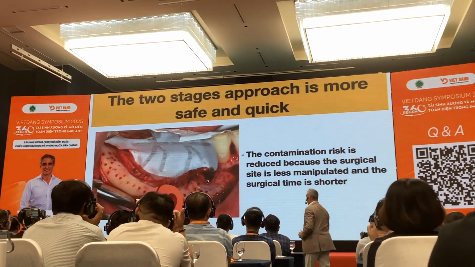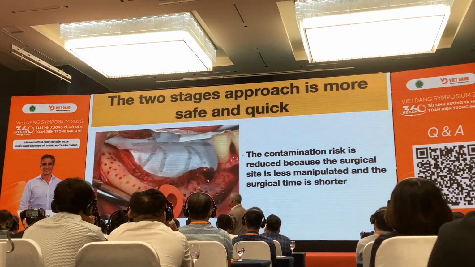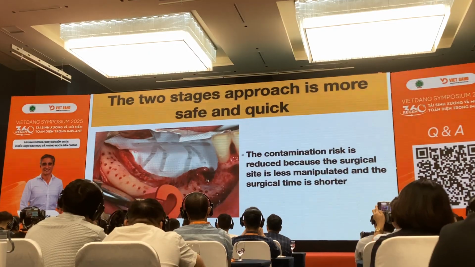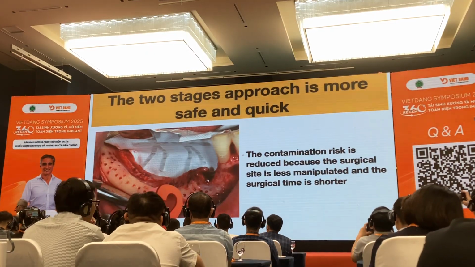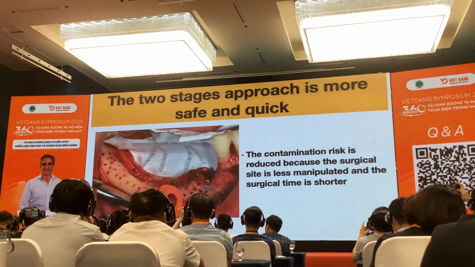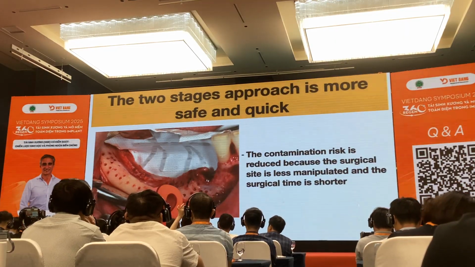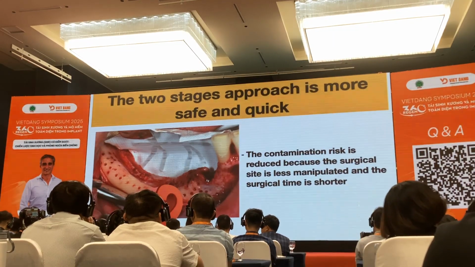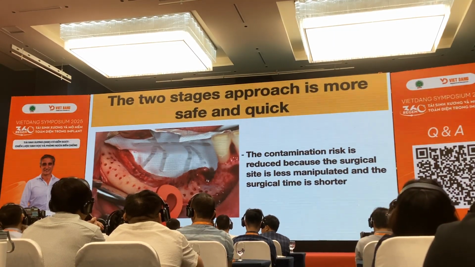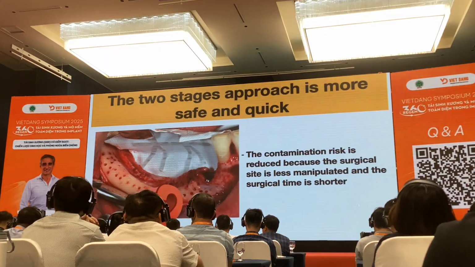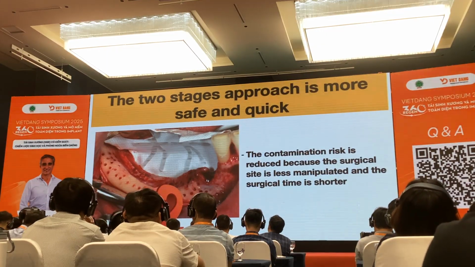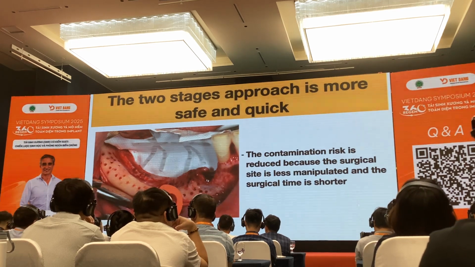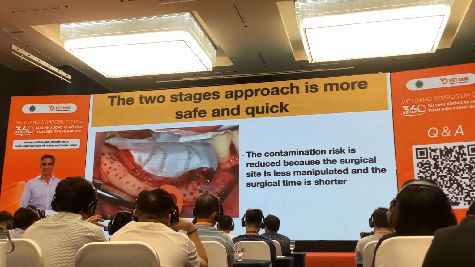And then the contamination risk is reduced because the surgical site is less manipulated and the surgical time is shorter. It means that we have less risk of infection. Everything is more simple, no manipulation, no long time, no variables in the surgery.